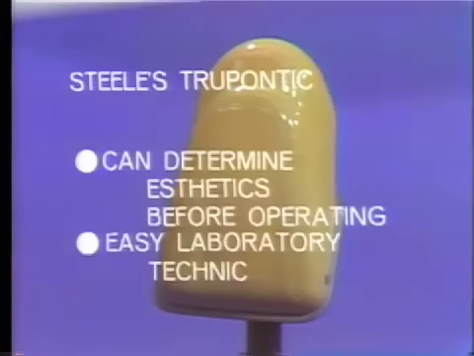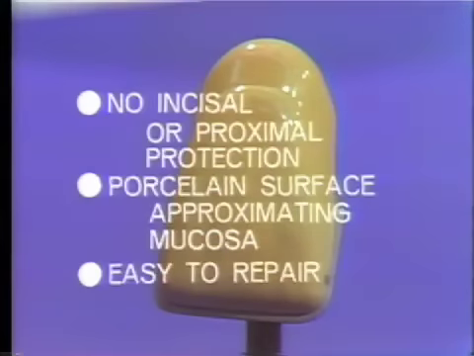To summarize the main characteristics of the Steele's true Pontic then, aesthetics can be determined before operating, as with any of the prefabricated facing type Pontics. The laboratory technique is fairly easy and straightforward because a metal platform is provided for the technician to wax on the lingual or occlusal surface, as the case may be.